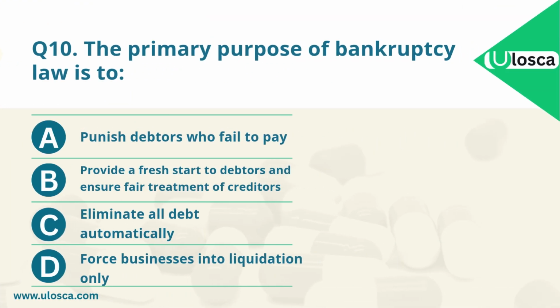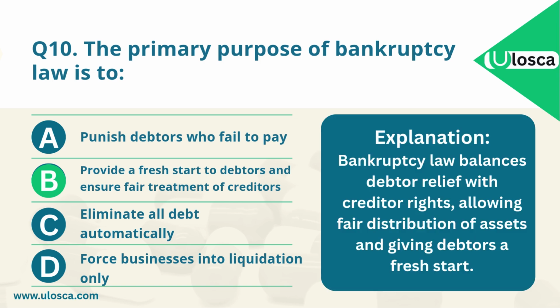The correct answer is B. Provide a fresh start to debtors and ensure fair treatment of creditors. Explanation. Bankruptcy law balances debtor relief with creditor rights, allowing fair distribution of assets and giving debtors a fresh start.